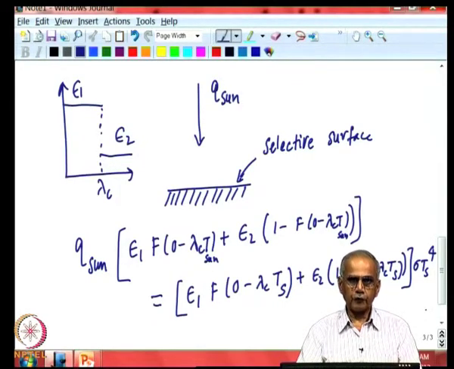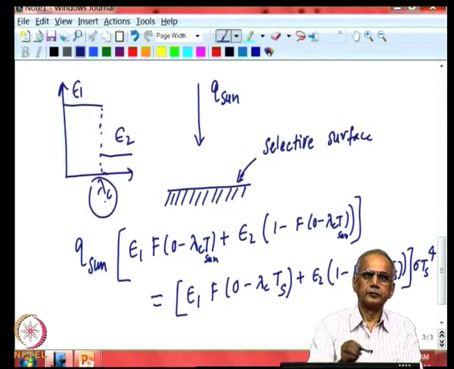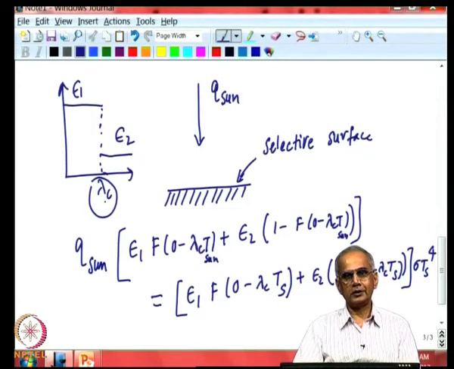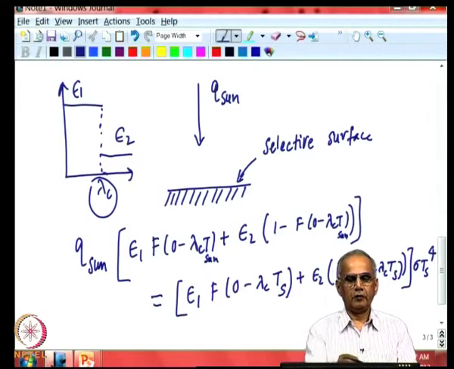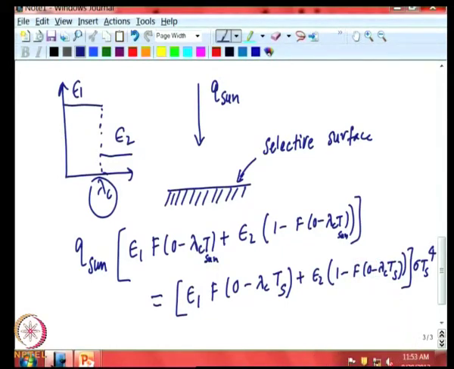Our aim is to find T s as a function of this cutoff wavelength lambda c. We want to know what is the best value of lambda c, which gives the highest temperature. This could be an application where you are trying to generate power on a satellite using a high temperature surface as the heat source, and you want to know the appropriate cutoff wavelength.